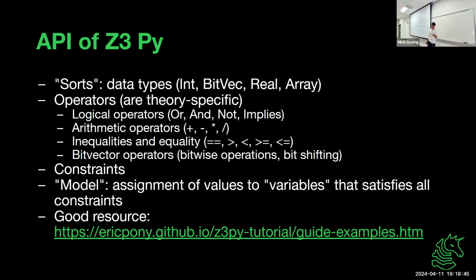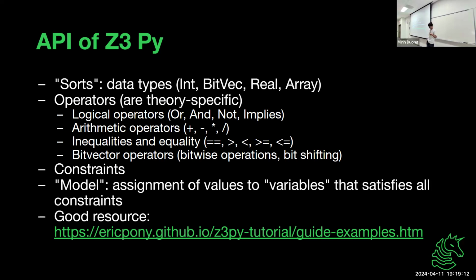I say variables in quotes here because I'm calling them variables, since that's what you use them as in your program. They are technically not variables. They are constants whose value you don't know. With Z3, once you declare a variable, its value never changes. It has only one value throughout the program. It can't have two values at the same time.